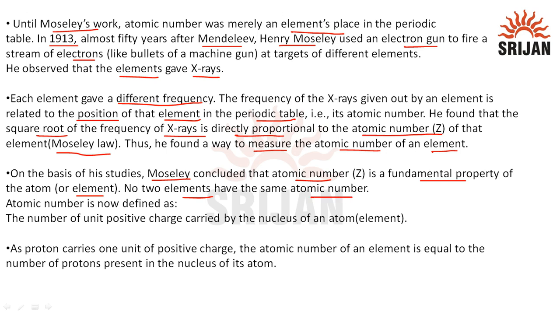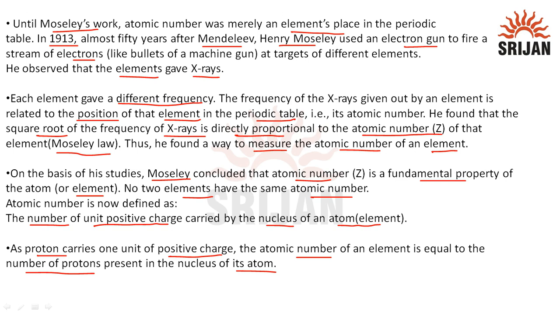Now if we see the definition of atomic number, it is the number of unit positive charge carried by the nucleus of an atom or element. As a proton carries 1 unit of positive charge, the atomic number of an element is equal to the number of protons present in the nucleus of its atom.